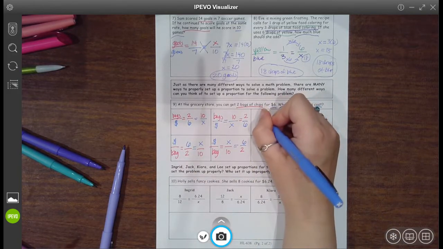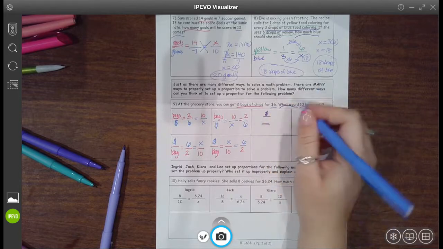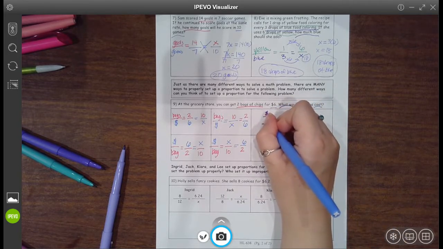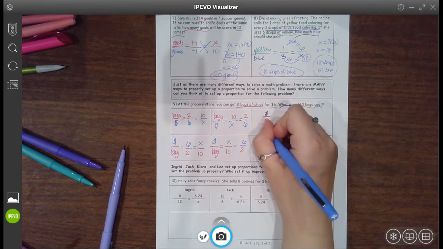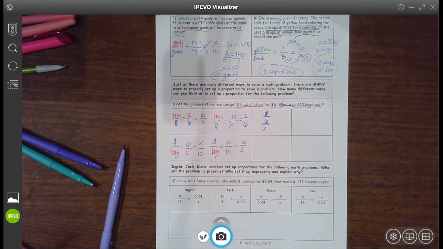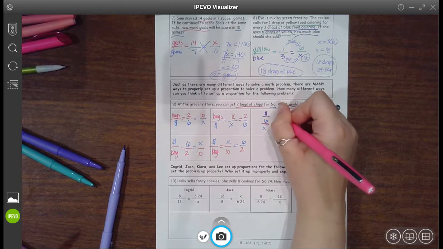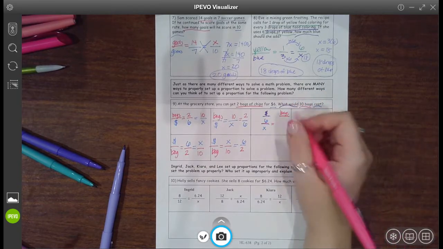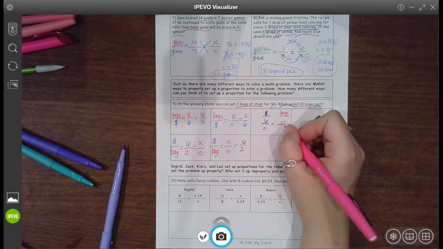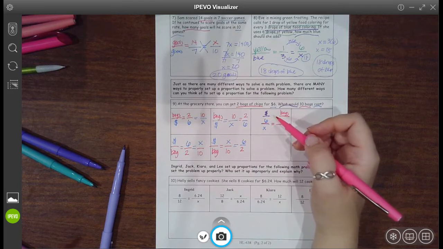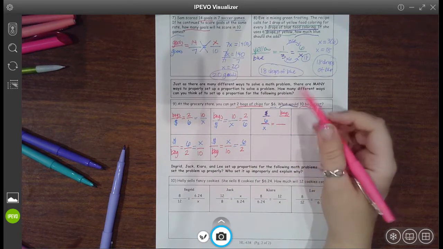I like to talk about money first. And so they said, I was given the $6 first, and then we don't know the other cost. And then I'm going to put my second proportion to be talking about the number of bags. Now, here's the thing. When you do it this way, then you have to be consistent across.